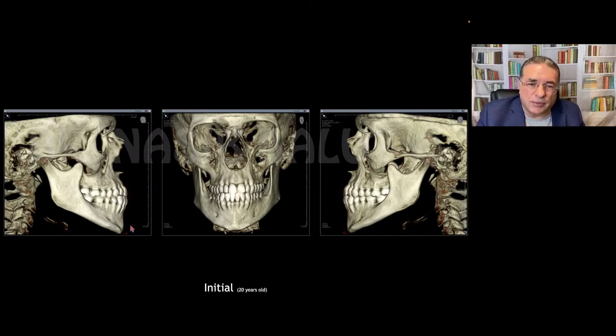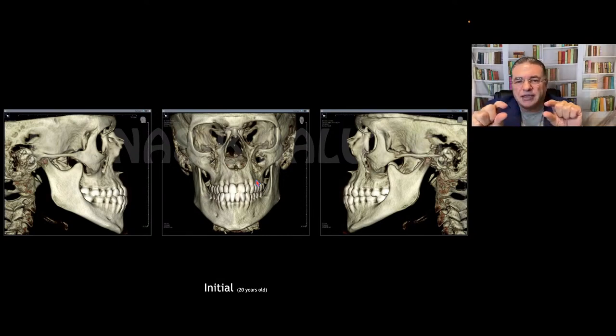The cortical bone is going to be very important in a non-growing patient. If I want to have some arch development, we have to evaluate the cortical bone, mainly in those patients with a very thin periodontal biotype.